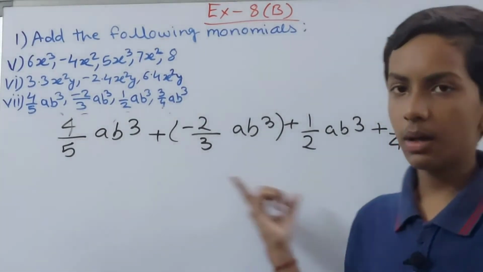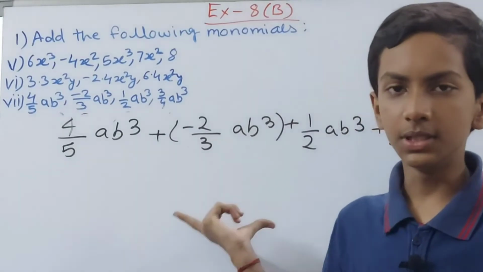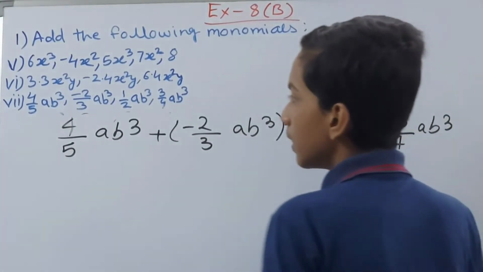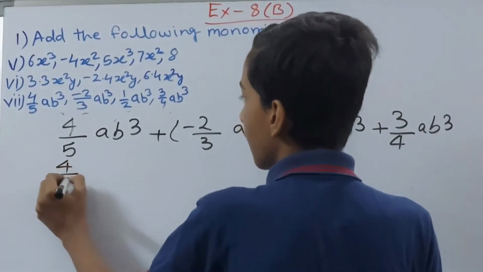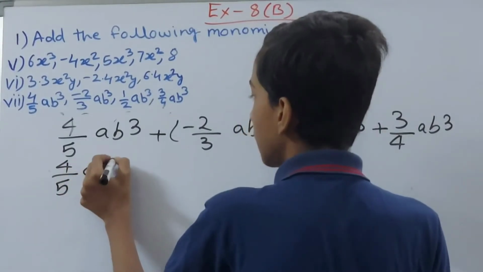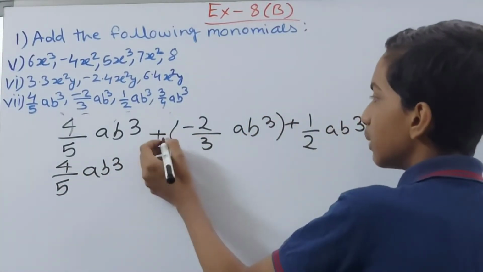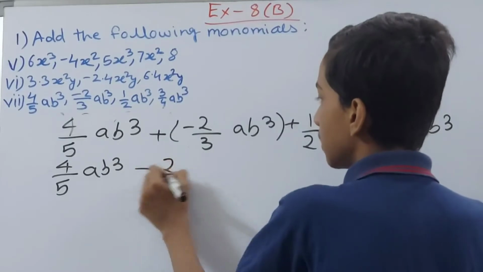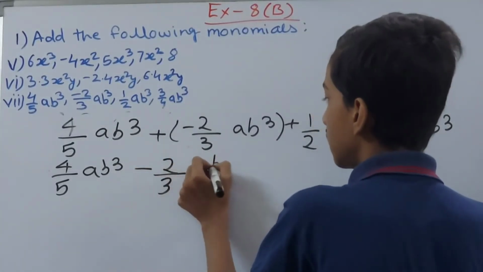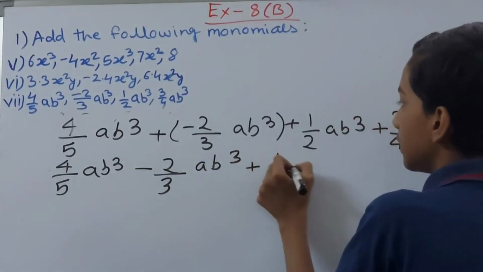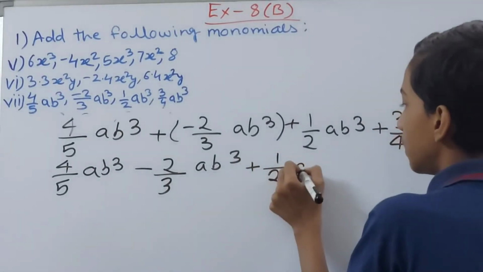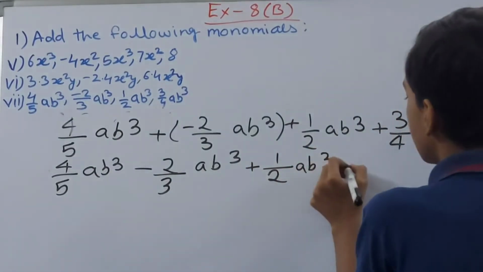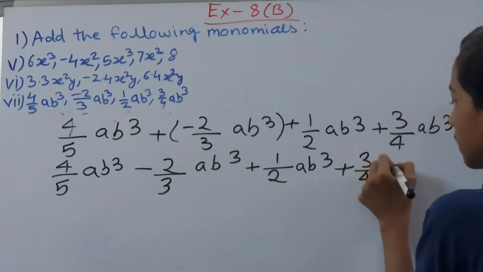This is our question. We have to add all of these. So first of all, this will be 4 upon 5 ab cube, as it is. We open the bracket up, so plus minus 2 upon 3 ab cube, and then plus 1 upon 2 ab cube, then plus 3 upon 4 ab cube.